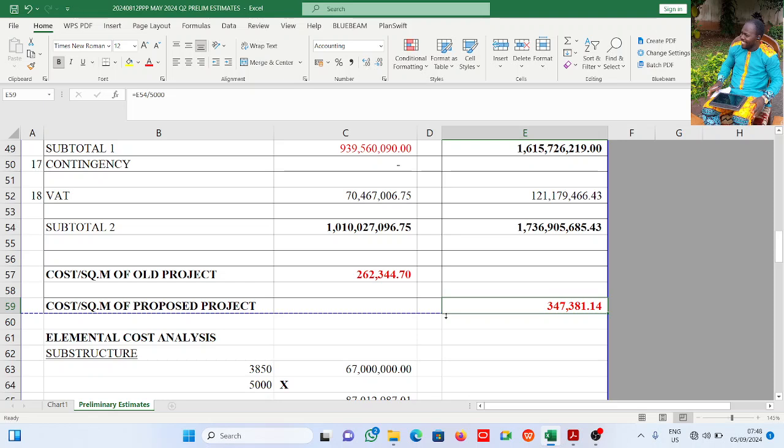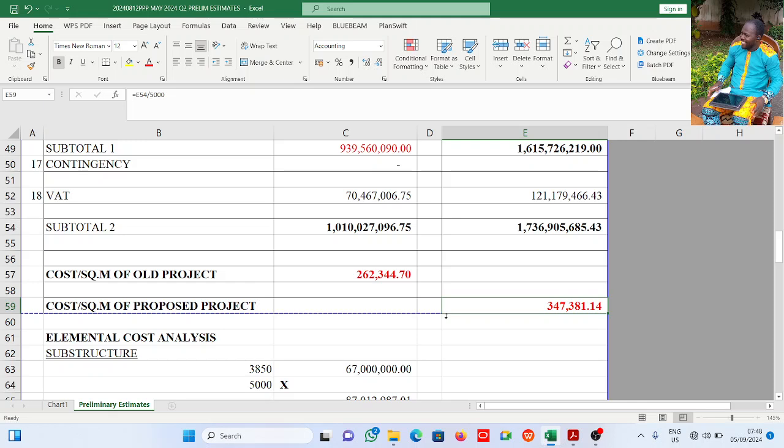And basically, like I said, they are initial rough estimates of costs, of quantities, of resources that are required for a construction project, typically prepared during the early stages of a project development, and they are usually based on limited information. So you need to take note, like in our question, it is for investment appraisal purpose.